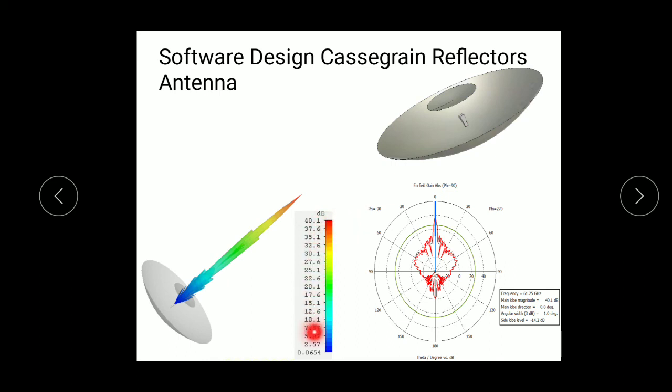And this is the polar plot of this Cassegrain reflector antenna, with the gain at the given frequency being 14.1 dB. So this is the basic working of the Cassegrain antenna and the parabolic reflector antenna.